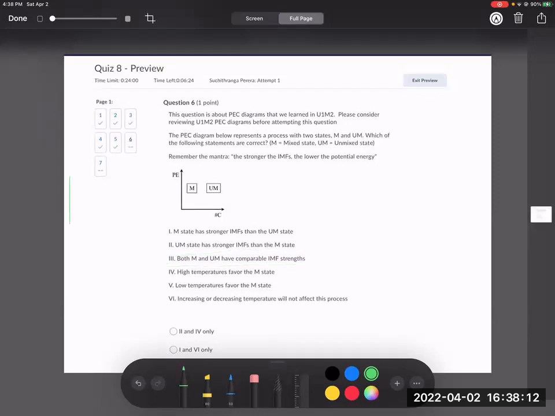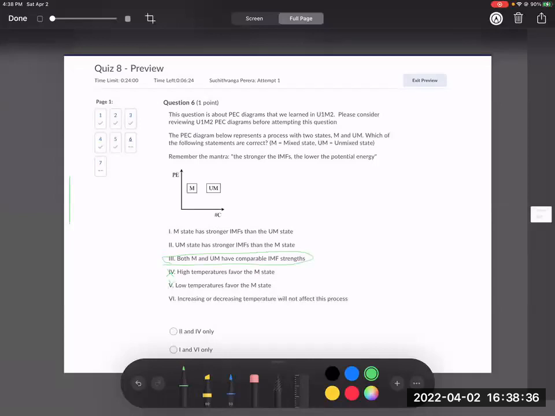Let me see option 3. And what is going to happen with the other options if you increase or decrease the temperature? High temperatures favor the mixed state. That is wrong, because if high temperature favors the mixed state, then the mixed state should have a higher potential energy. Low temperatures favor the mixed state, and that is wrong.